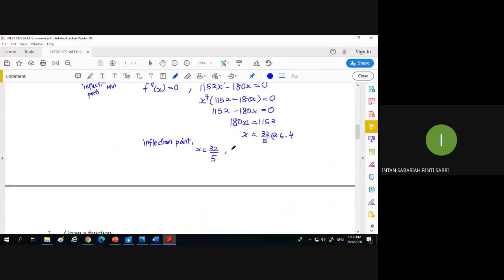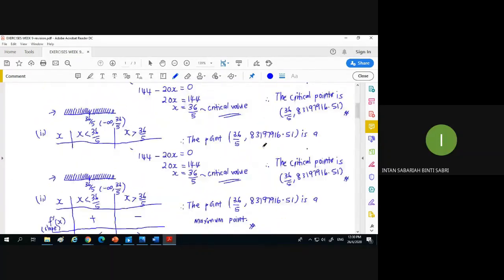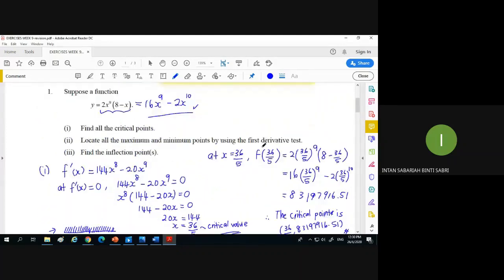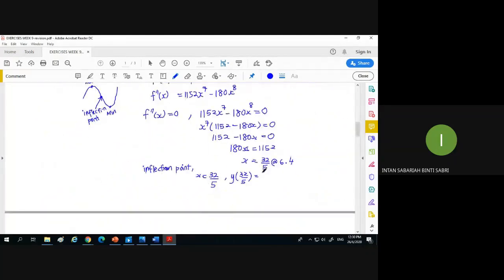Which is y at 32/5 is equal to 16 times (32/5) to the power of 9 minus 2 times (32/5) to the power of 10.